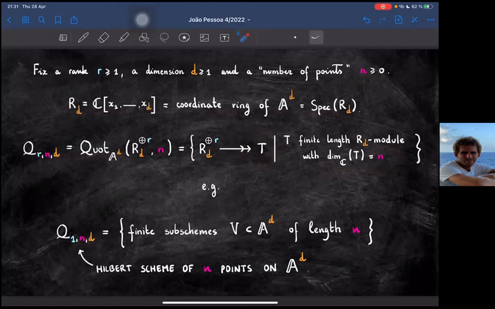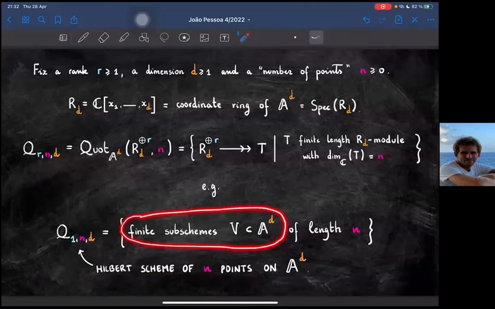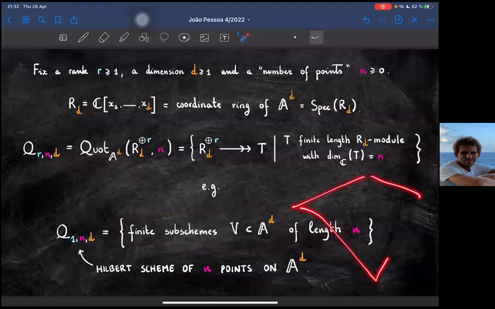Okay, so this is all very classical. For example, if you take R equals 1, what you get is what's called the Hilbert scheme of n points. This parameterizes the subschemes, the subvarieties consisting of n points. So in general, you have this is your affine space, and the general point is a collection of n points on your affine space.